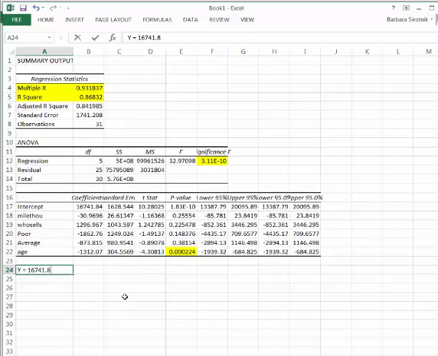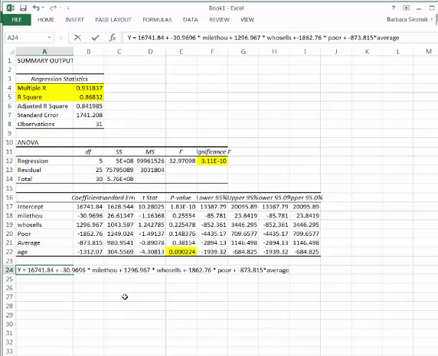16741.84. That's my intercept, plus a negative 30.9696, and that's times mileage in thousands, plus 1296.967 times who sells it, whether it's the individual or the dealer, minus, or we could put it in as a plus, the negative 1862.76, and that's going to be times poor, my new variable, plus the negative 873.815 times average.